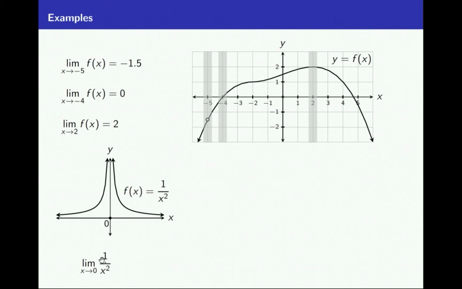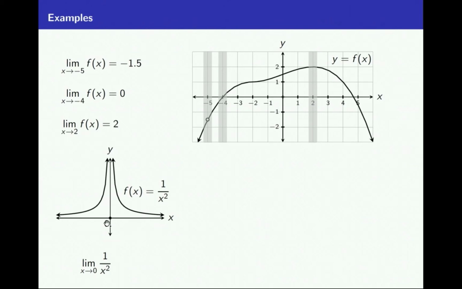For another example, think about the function f of x equals 1 over x squared, and it's graphed here. And look at the limit as x approaches 0 of 1 over x squared. Now in this case, as x gets closer and closer to 0, f of x is just getting bigger and bigger.